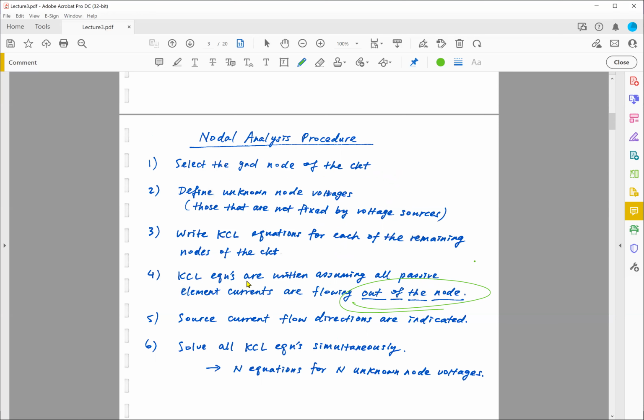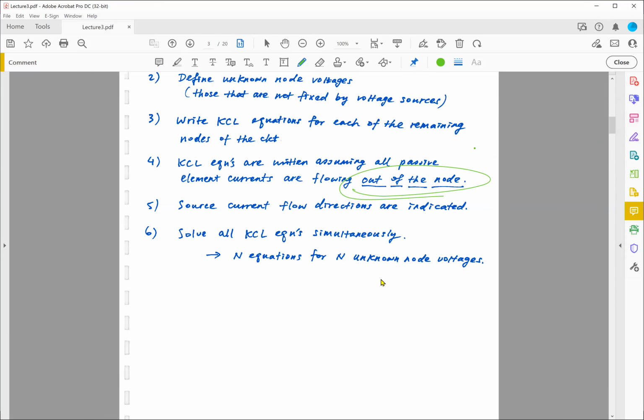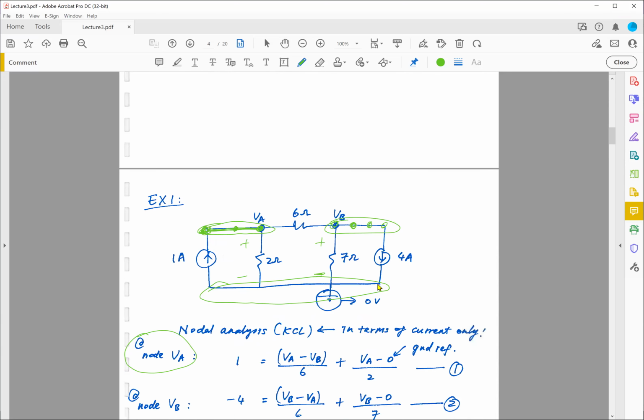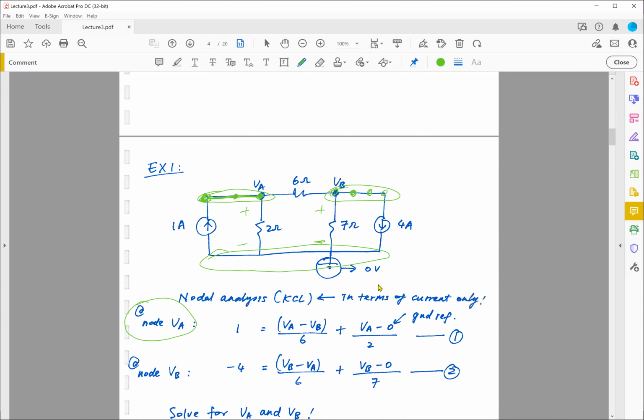You can say all passive element currents are flowing into the node. That is perfectly fine, but you have to be consistent here. So in this case, I'm going to show you two different ways of looking at this step number 4.